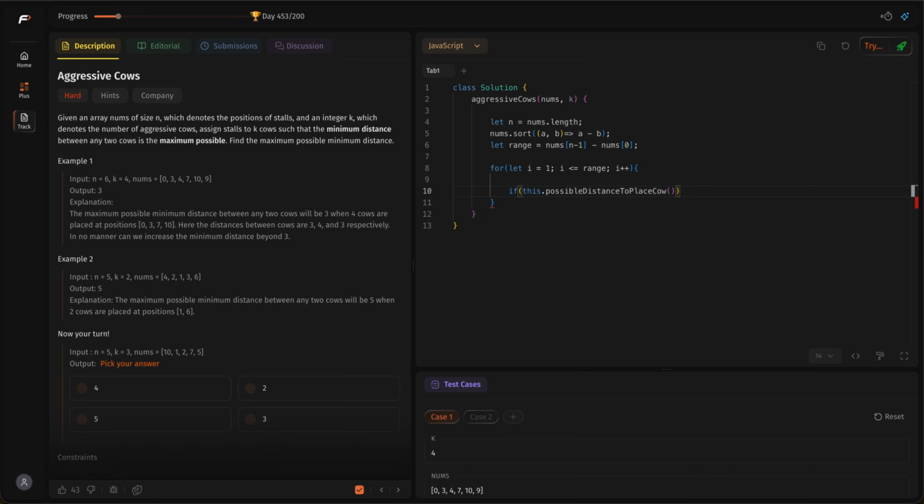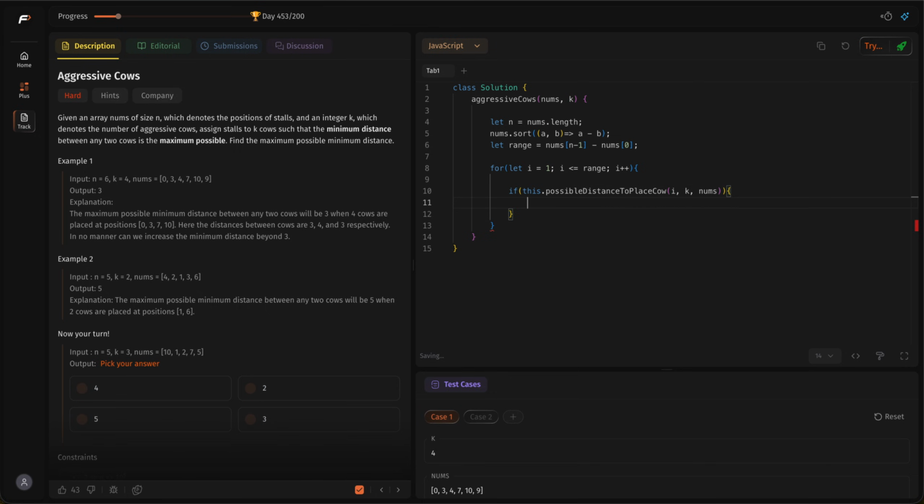Over here I will pass the i value, because this is the current distance on which I am looking, that is, is it a maximum minimum possible distance or not. I pass i and k to this function, and probably nums I should have to pass.